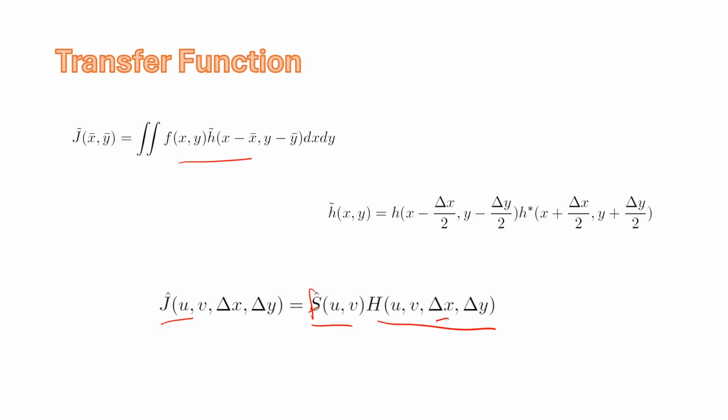Now, this is more general than the transformation that we've had, a very similar thing for the intensity where we set delta x, delta y equal to 0. We have the same thing, except that was basically the input spatial spectrum times this h of u v for delta x equal to 0 and delta y equal to 0. So this should be the same as the optical transfer function. Here we've just generalized that for the mutual intensity.